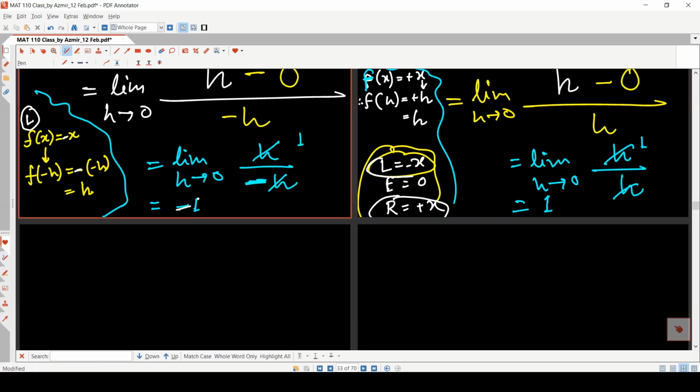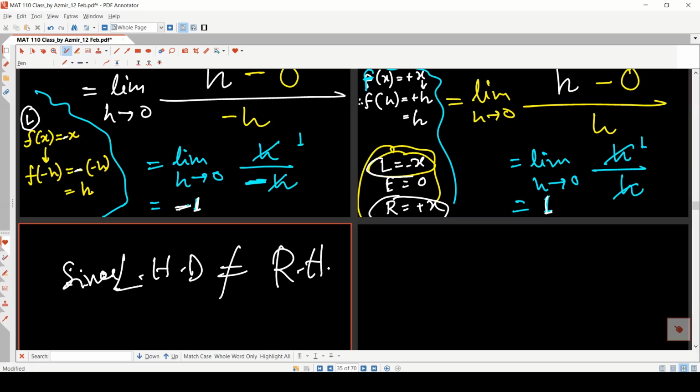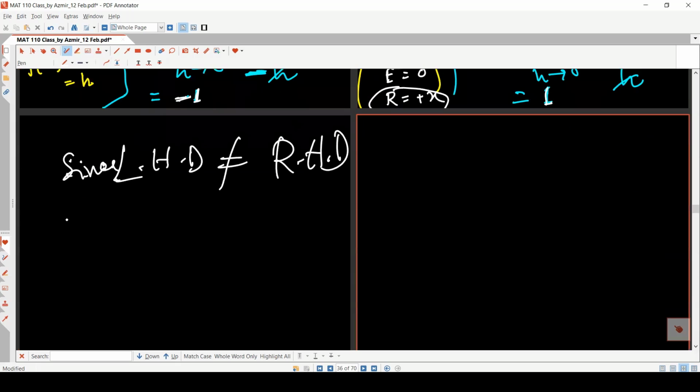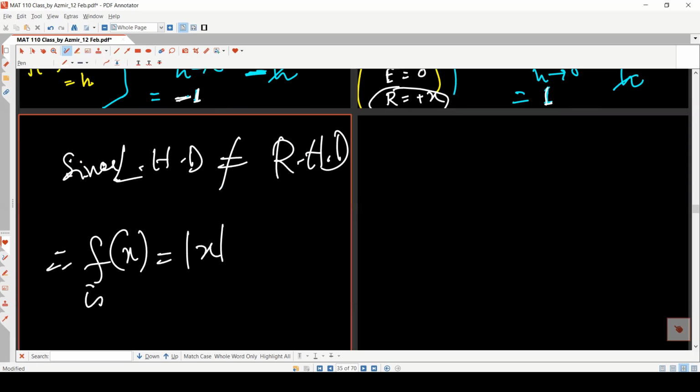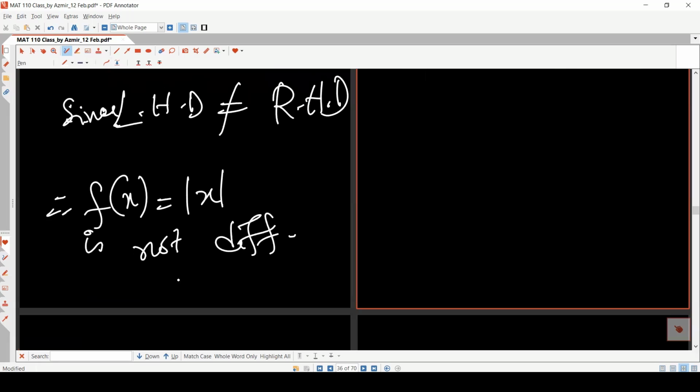Both left hand derivative and right hand derivative are finite, but left hand derivative and right hand derivative are not same. So the given function f of x equals modulus of x is not differentiable at x equals 0.